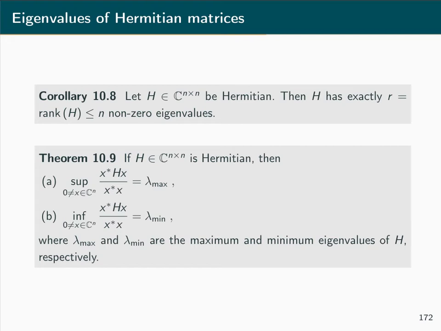A, the supremum taken over all n-dimensional vectors x of the ratio between x star Hx and x star x is equal to the maximum eigenvalue lambda max of the matrix H, and B, the infimum over all n-dimensional vectors x of the ratio between x star Hx and x star x is equal to the minimum eigenvalue lambda min of the matrix H. The proof of this result will be part of exercise sheet 11.